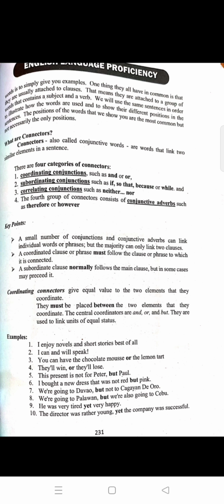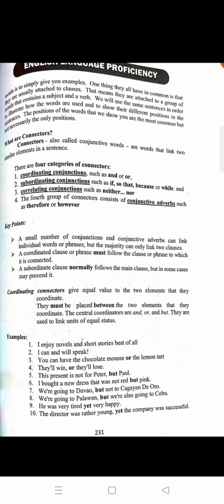That is why they are called connectors: their function is to link similar elements in a sentence. Noun to noun, clause to clause, phrase to phrase, verb phrase to verb phrase, or something like that. Now, there are 4 categories. We have coordinating conjunctions, subordinating conjunctions, correlative conjunctions, and the conjunctive adverbs such as therefore or however.